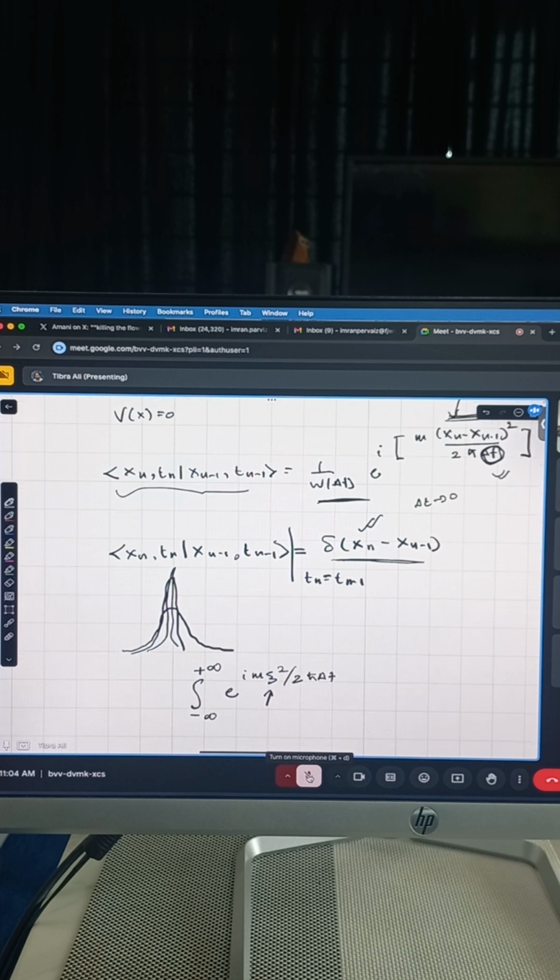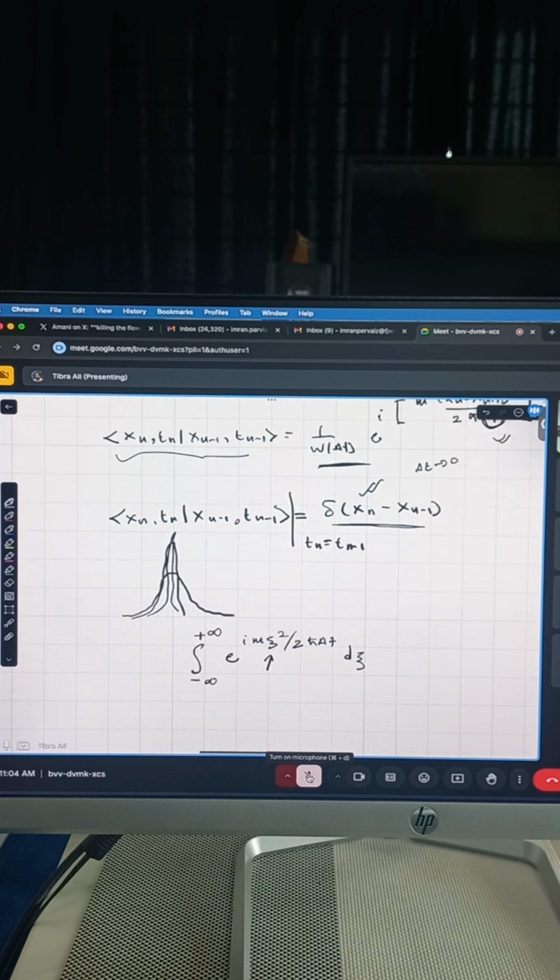So this is a Gaussian integral, and we know what this is, but there's an i here, and you can show that Gaussian integrals can be generalized to complex Gaussian integrals. Although it's a contour integral, it gives you essentially the result that you expect from real Gaussian integrals. And so you get here the square root of 2 pi i h bar delta t over m. Okay. So essentially this is the normalization.